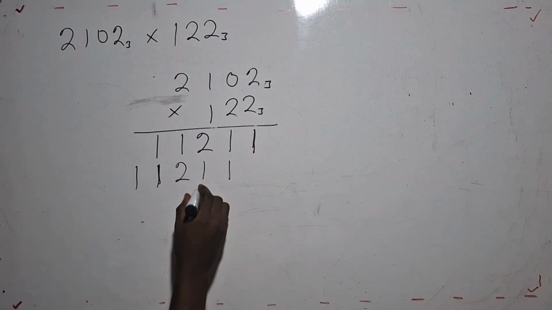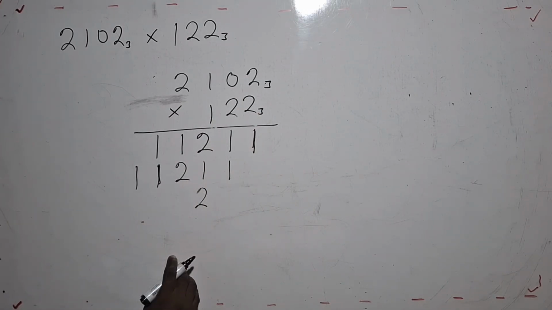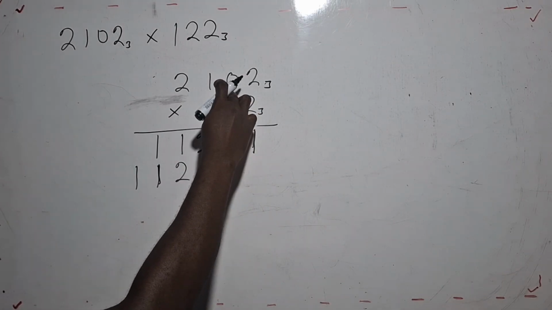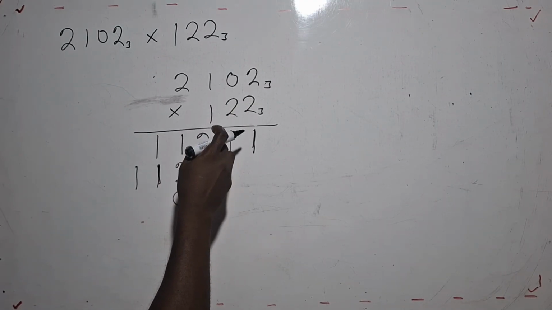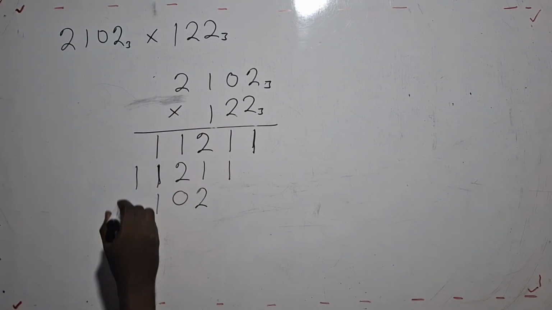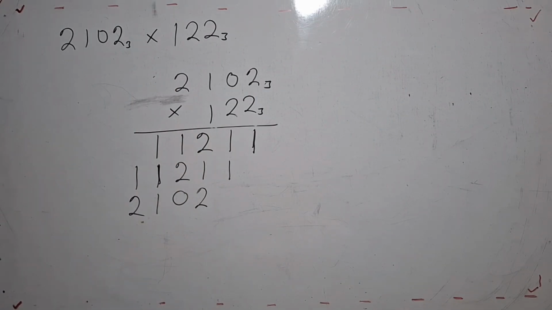So 1 times 2 is 2, so you write it here. Then 1 times 0 is 0. Then 1 times 1 is 1. Then 1 times 2 is 2. So this is how we solve this.